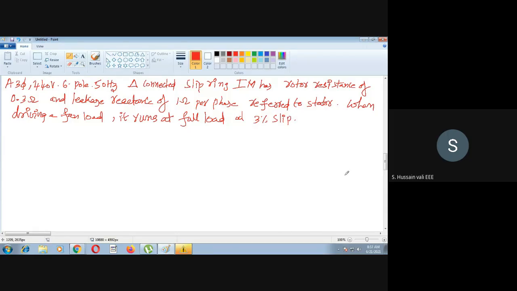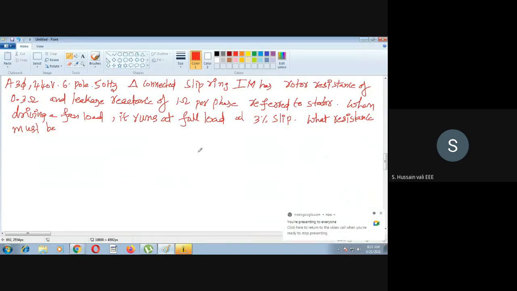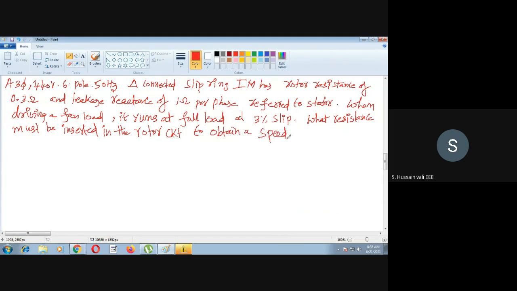What resistance must be inserted in the rotor circuit to obtain a speed of 800 rpm?